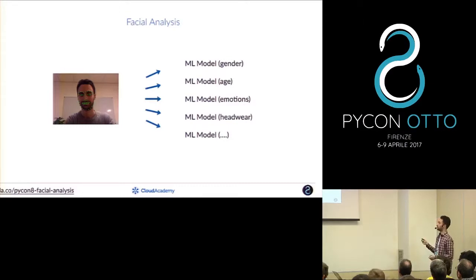It's not one model that can do everything. You probably build a model for gender, a model for age, one for emotions, and you can find out more higher level information over time. So if you have a facial analysis tool or service or pipeline, you might want to do all this computation in parallel, for example, and then make them converge to a full information stream.